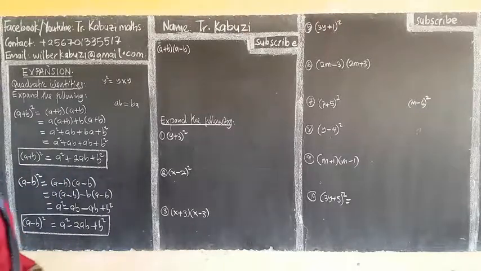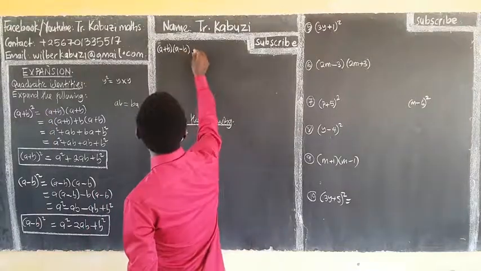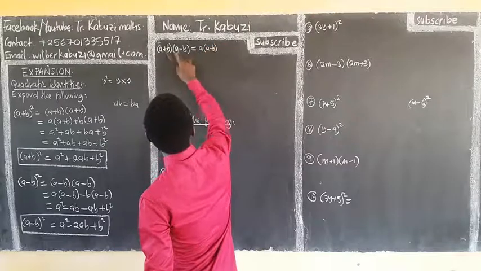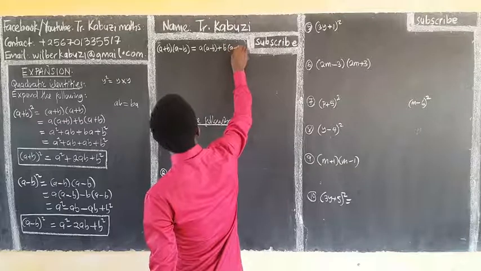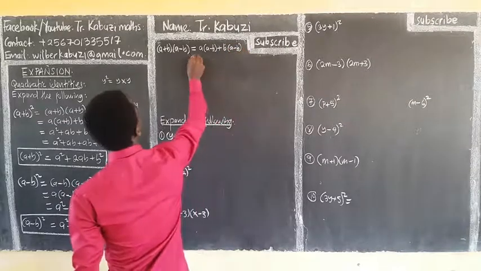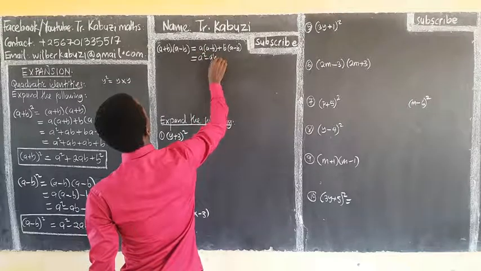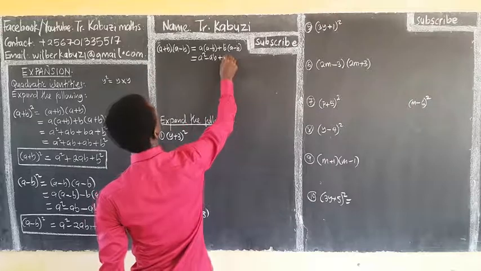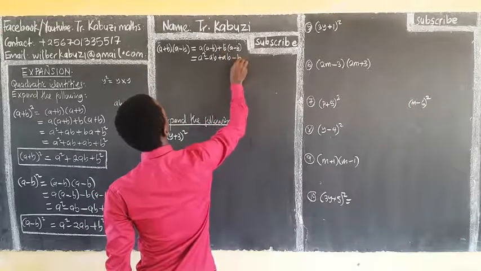When I come to this here, the same idea. This multiplies this, we have a into a minus b, then this is plus b into a minus b. Let us expand it. This will give us a squared minus ab plus ba, but you say ba is the same as ab, then minus b squared.